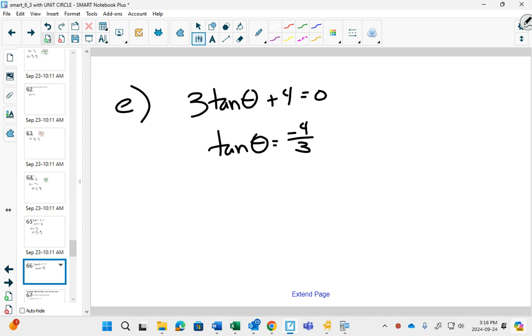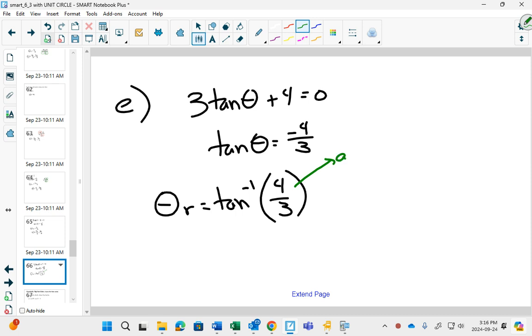Is negative 4/3 ever a tan value? No. So now we have to use our calculator. So what do we do first? We find our reference angle. When using your calculator to find your reference angle, remember reference angles are based on actual triangles with all positive values.